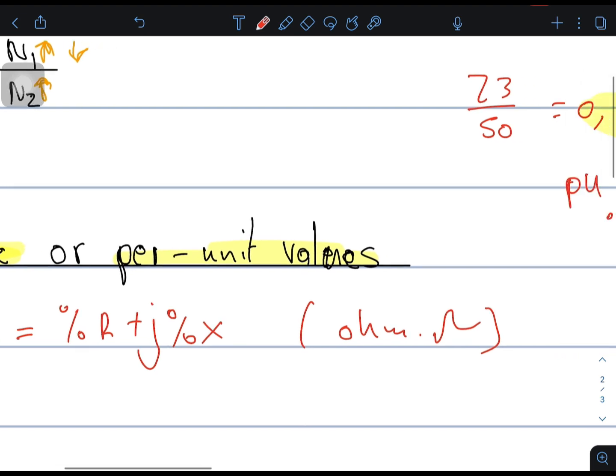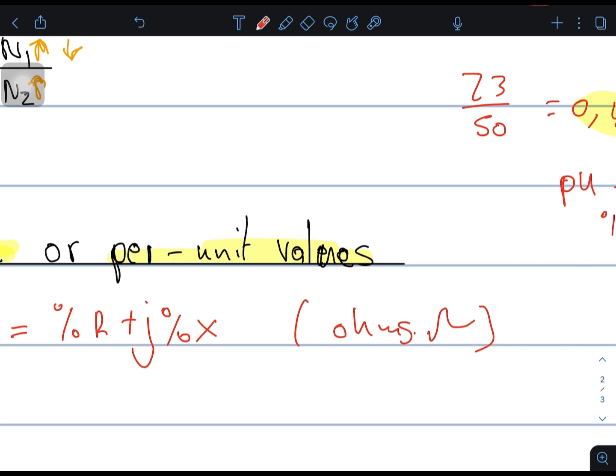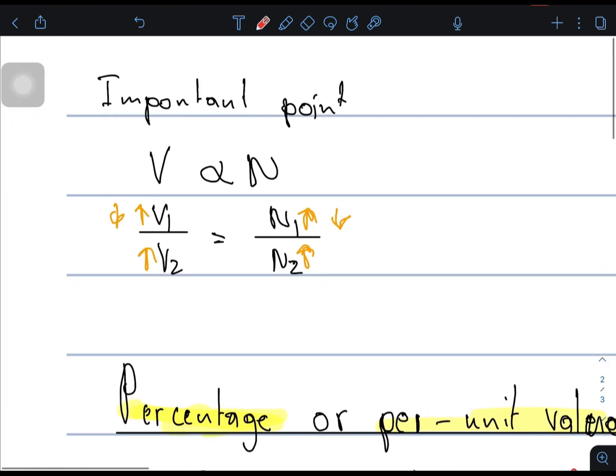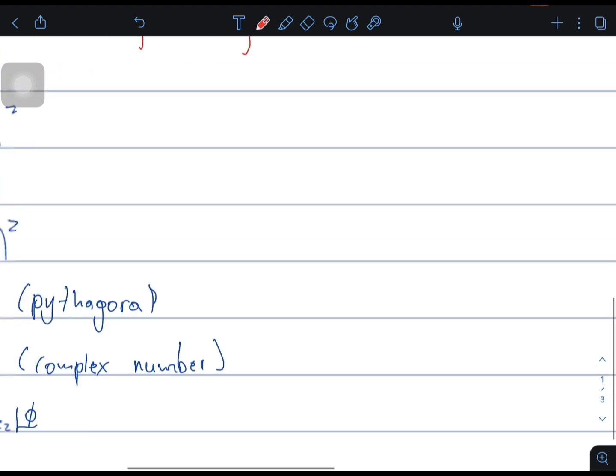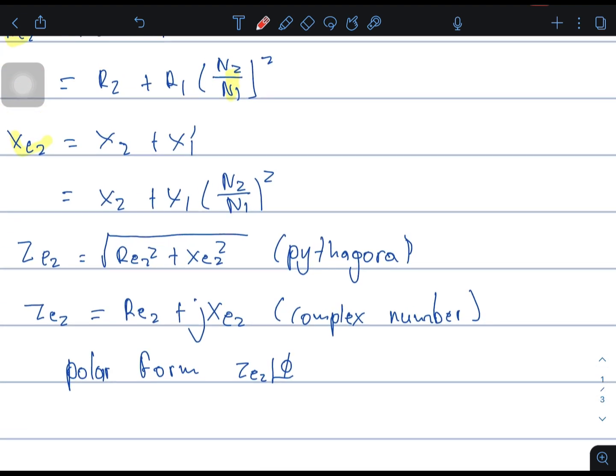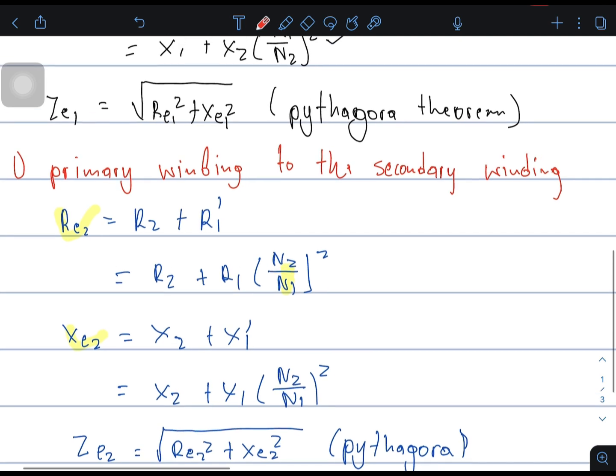So guys, this is not in ohms, okay? But let me go back. We can say it is in ohms, because they are not a percentage or per unit.